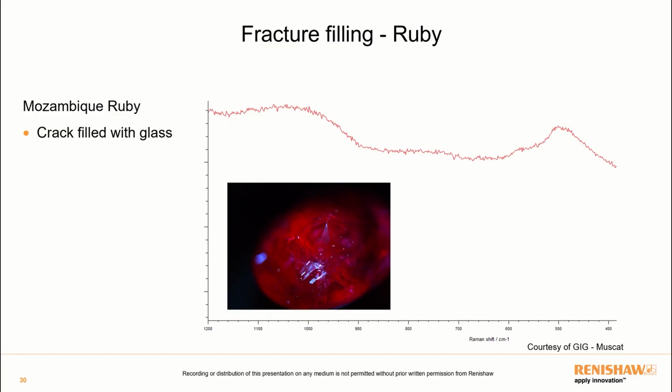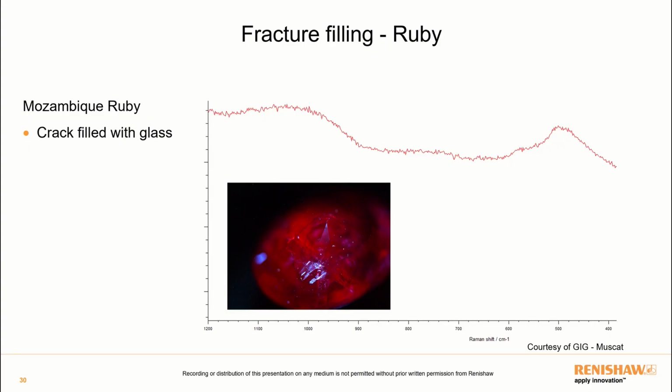As last example from my side, I show here the Raman spectrum of a glass that has been used to fill a crack in a ruby. Starting with the 80s, cracks in rubies have been treated with glass to enhance their clarity. But in this way the fracture is not repaired and the resulting material is therefore fragile, an information that should be given to the jeweller and the seller.